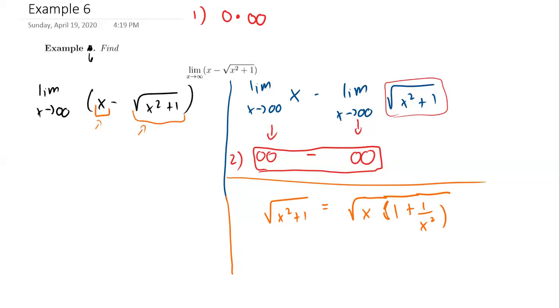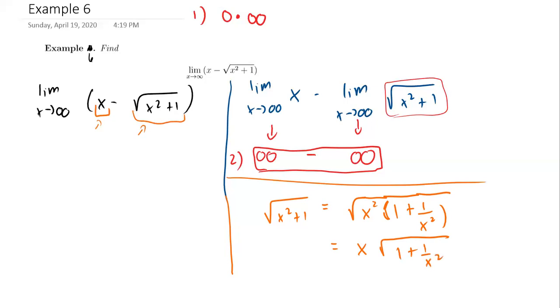So factor out an x squared on the inside, that's what I get. Now, as I mentioned, whenever it's a product, you can separate the square root into each factor. This becomes the square root of x squared, which is just x, again because x is positive, times the square root of 1 plus 1 over x squared.